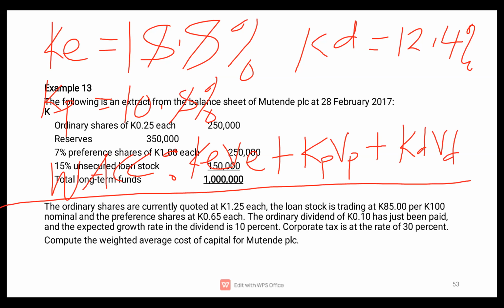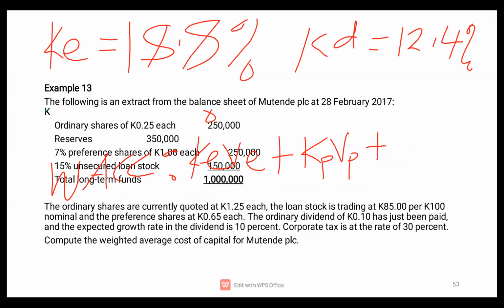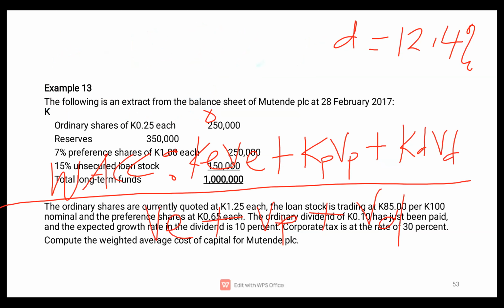All that divided by the same denominator, which is the value of equity plus the value of preference shares plus the value of debt. Yes. It's easy from here, right? Just put in numbers, compute the numbers that you have already found.